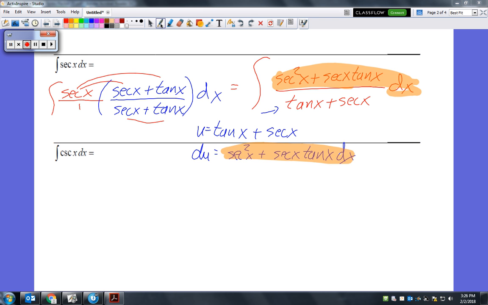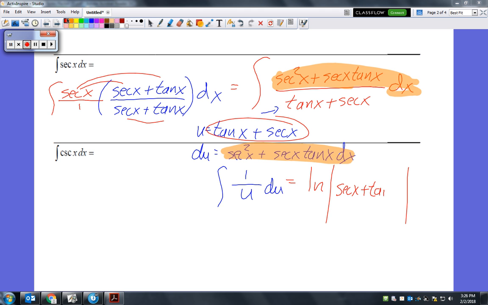You see that? So now my rewrite is 1 over u du, which is the natural log of the absolute value of u, and you can write it as secant plus tangent or tangent plus secant, it doesn't matter. I'll probably write it like this just to be in alphabetical order, and then plus c. Yeah?